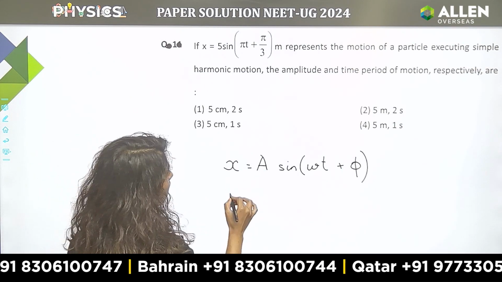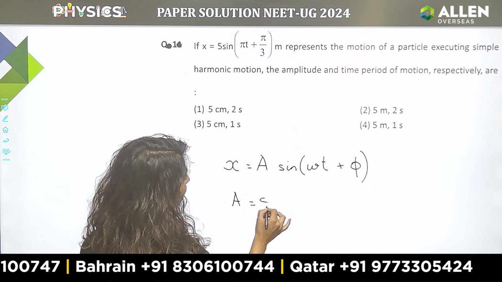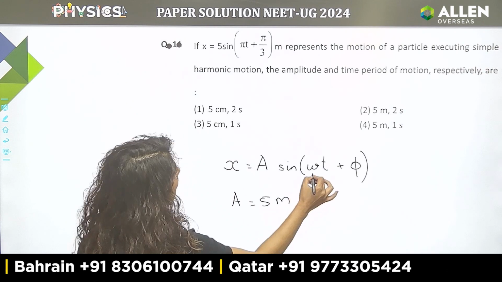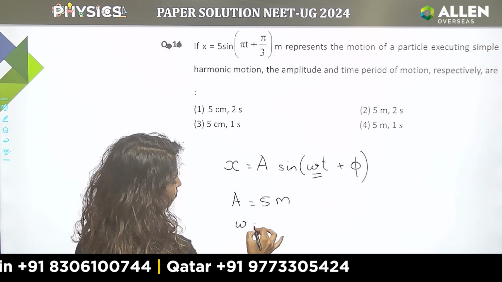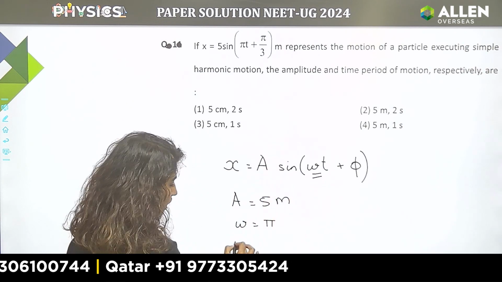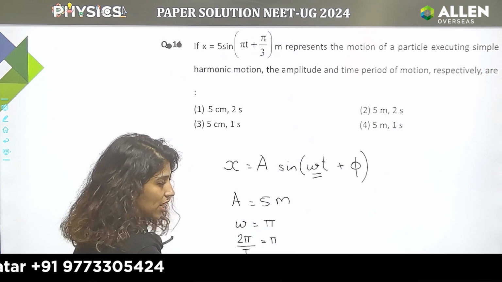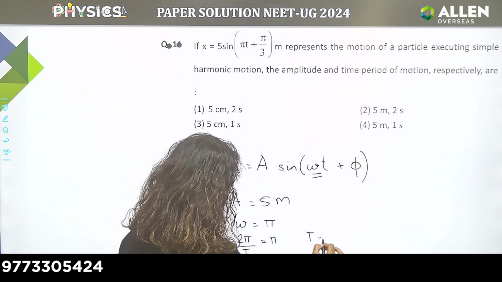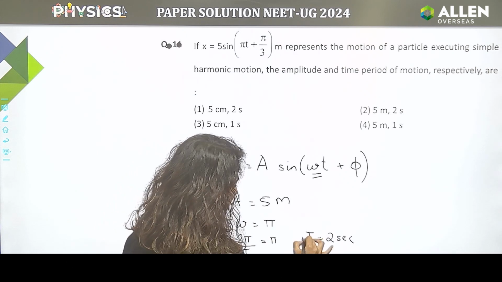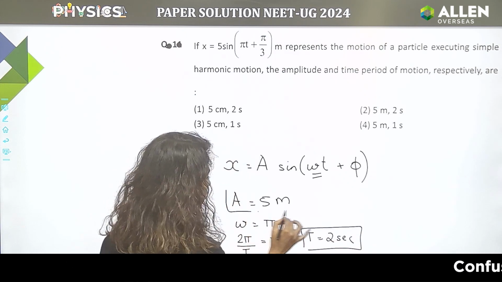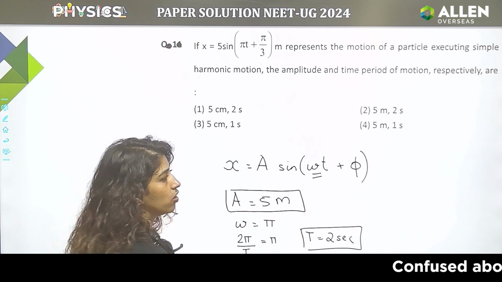When you compare it, you get A as 5 meter, pay attention to the unit, and omega as pi. We have to find time period, so this can be written as 2 pi by T is equal to pi. From here I'll get T is equal to 2 seconds. So my answer is 5 meter and 2 seconds.